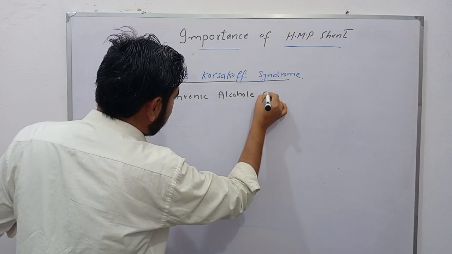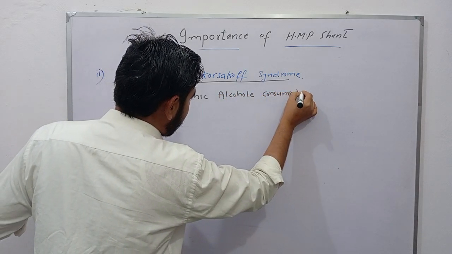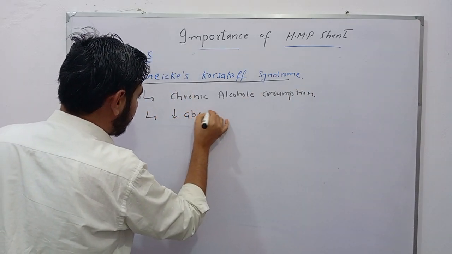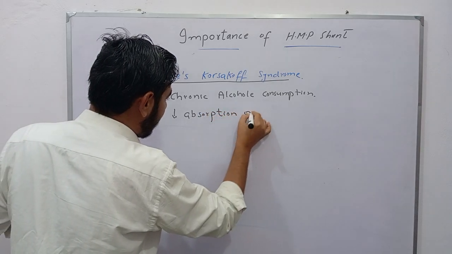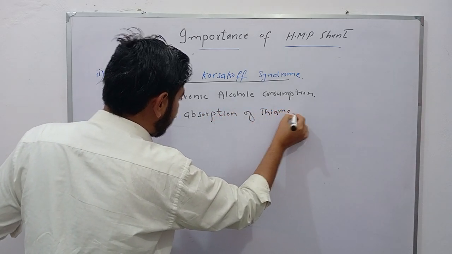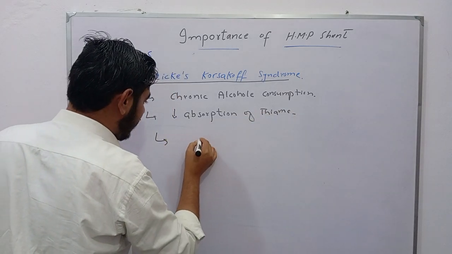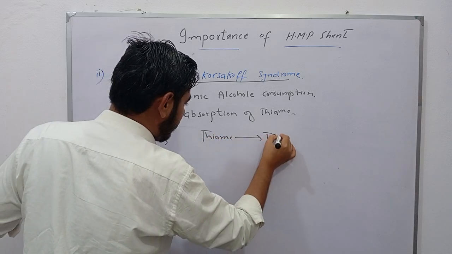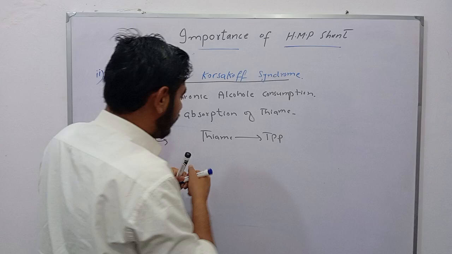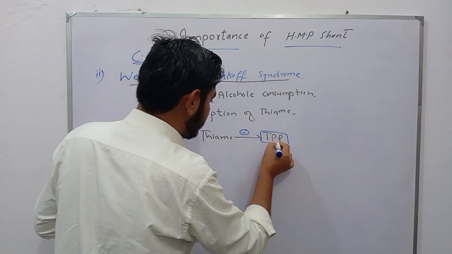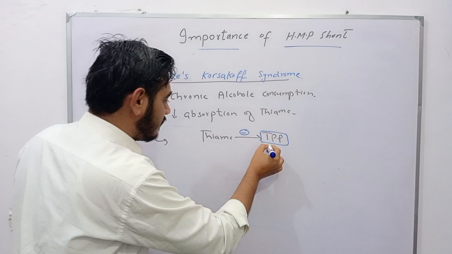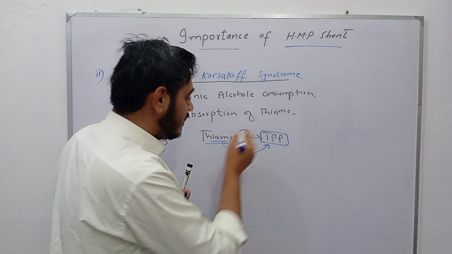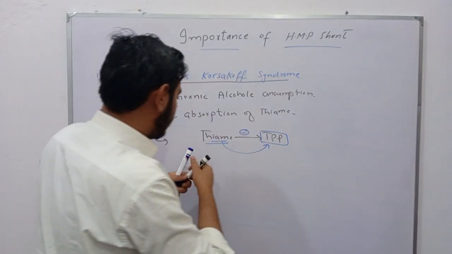Chronic alcohol consumption leads to a decrease in absorption of thiamine, and leads to inhibition of the conversion of thiamine to thiamine pyrophosphate, which is the active form of thiamine. So in chronic alcohol consumption, absorption of thiamine decreases, and thiamine does not convert into thiamine pyrophosphate, the active form of thiamine.